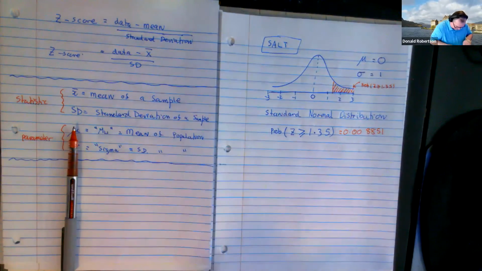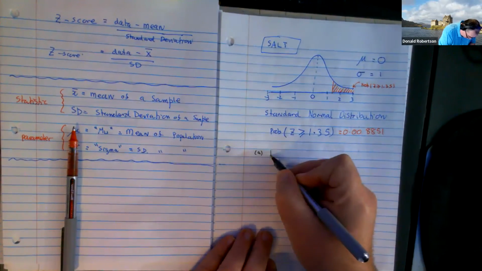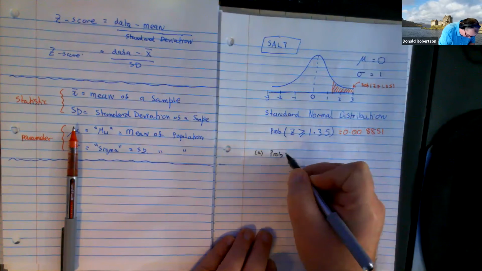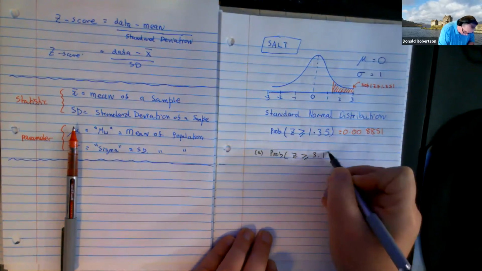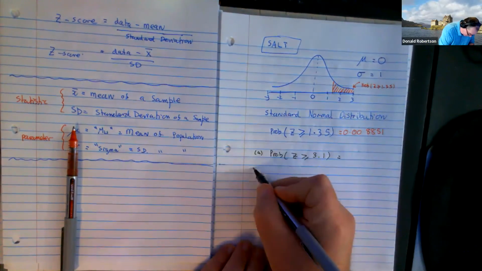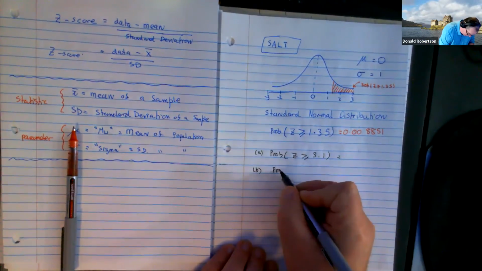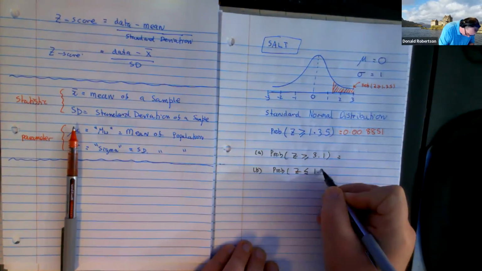So I'm going to build just a little list of questions. What's the probability that we get a z-score greater than or equal to 3.1? Wouldn't that be an outlier if you get a z-score that was that kind of number? So let's see how unlikely that one is. My second question is, what's the probability that you get a z-score less than or equal to 1.2?